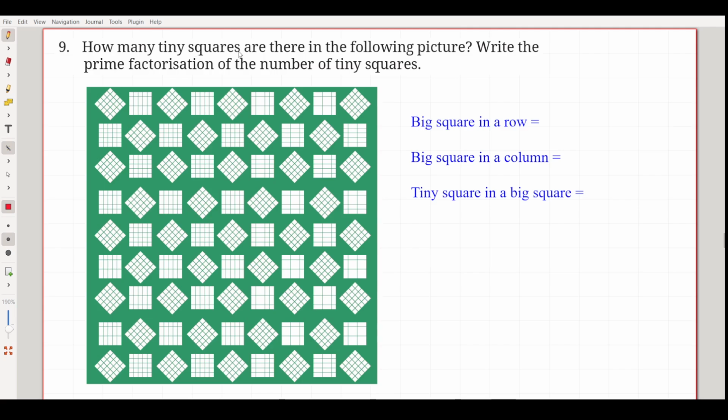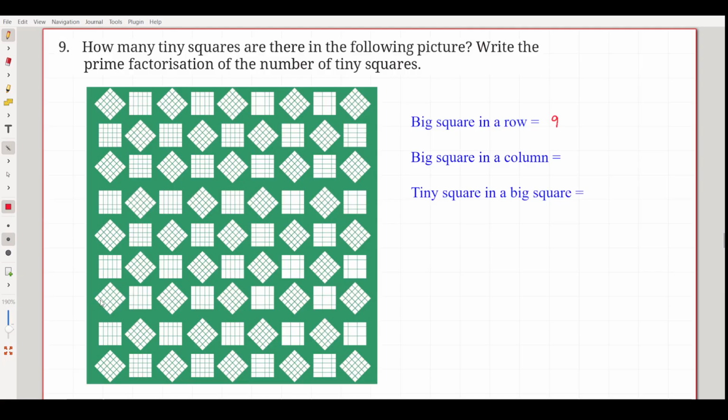How many tiny squares are there in the following pictures? So how many tiny squares? One is a big square, and inside the big square we have many. How many big squares in a row and column? Row-wise, how many squares? 1 2 3 4 5 6 7 8 9. In a row the big squares are 9.